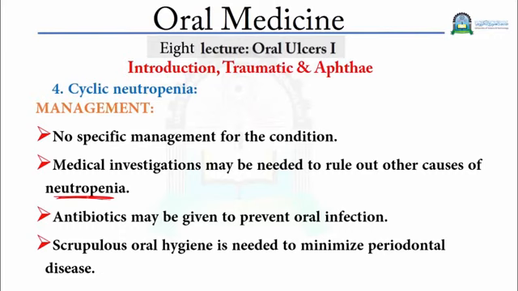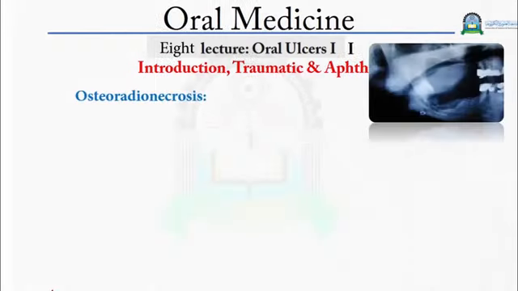The cause of the reduction of neutrophils should be referred for management, according to the cause, to the specialist. Antibiotics reduce the opportunity for infection, and extremely good oral hygiene should be started to minimize the opportunity to develop periodontal diseases.